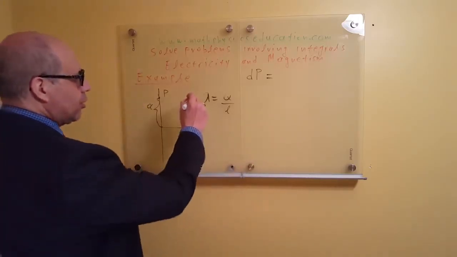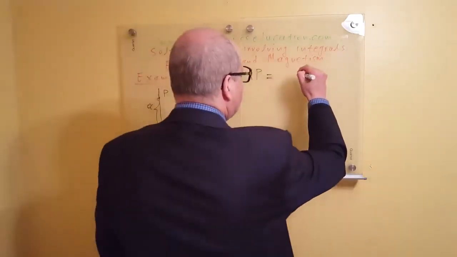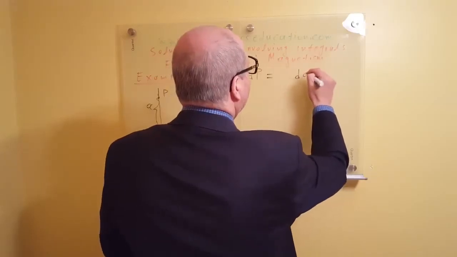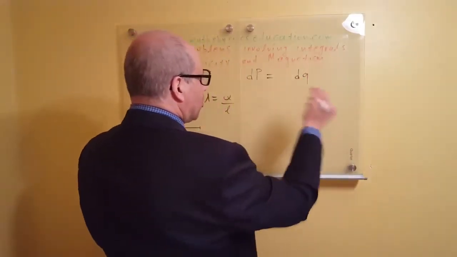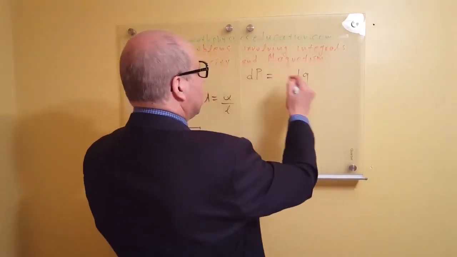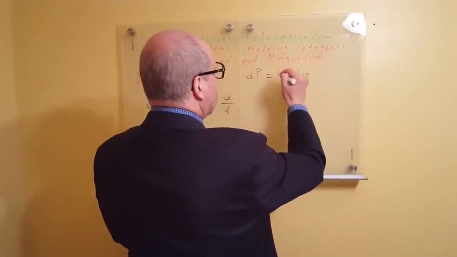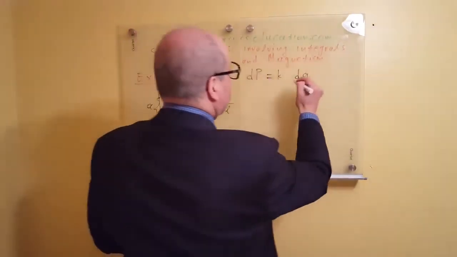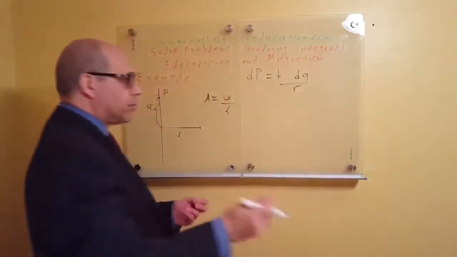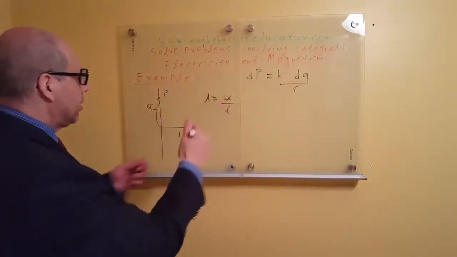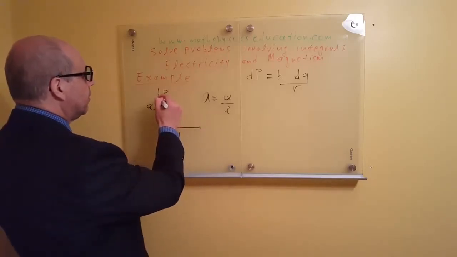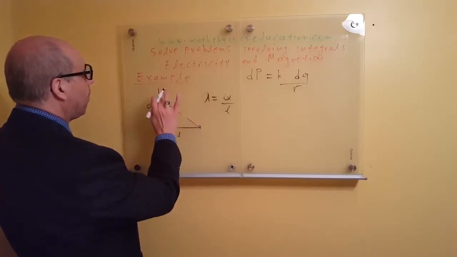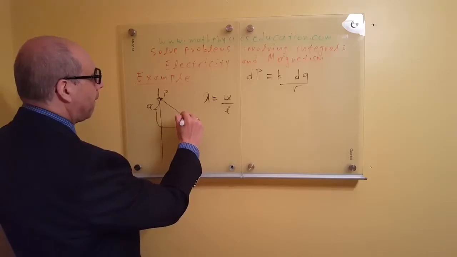Now the second step is you have to be able to write this in terms of a variable, which is the independent variable in the problem, and also the variable for which you can calculate the limits. That will be the final physical quantity in which you will express the integral.